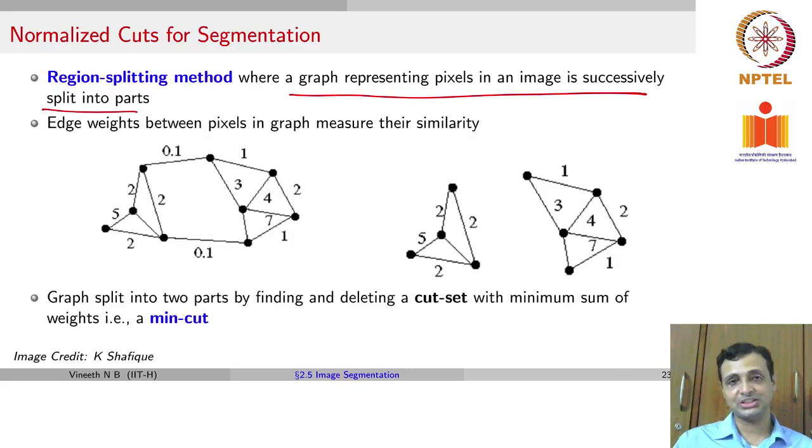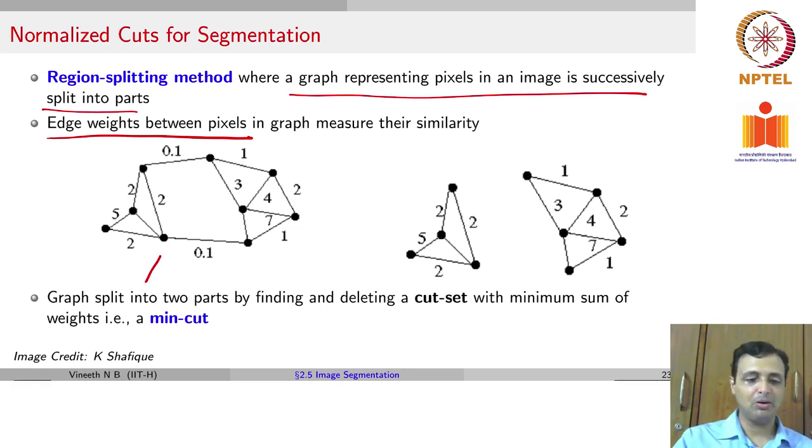It's not about merging this time, it's about splitting. How do you split it? You mark edge weights between pixels based on their similarity. So if two pixels are very similar, maybe they have similar intensities, you give them a high edge weight. And if two pixels are further apart in their similarity, you give them a low weight.